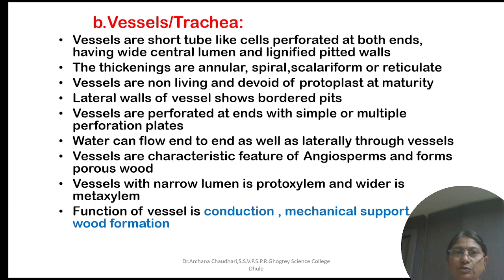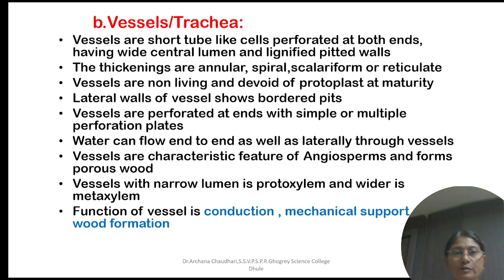Vessels are short tube-like cells perforated at both ends, having a wide central lumen and lignified pitted wall. The thickenings are annular, spiral, scalariform, or reticulate. Vessels are non-living, dead, and devoid of protoplast at maturity.